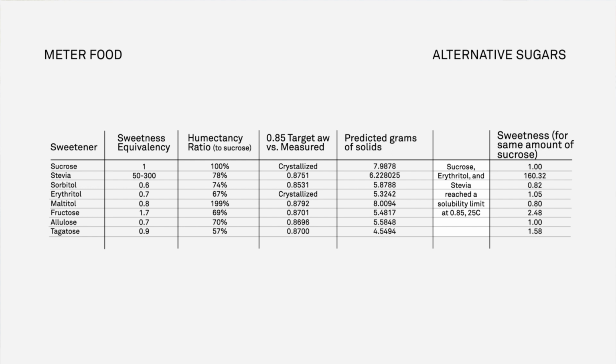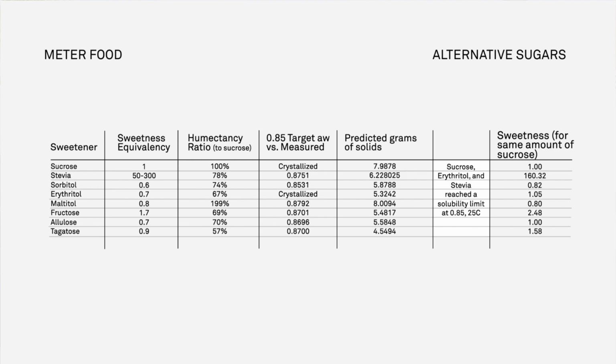And then all the other ones, and most of them are less, it would take less of that sweetener to produce a similar binding effect to the water. So that was a little bit of a surprise because sucrose is known to be a really, really good humectant. And then we turn around and we look at these natural sweeteners and we say, they can actually be better at it than sucrose can. So I found that was really, really interesting.